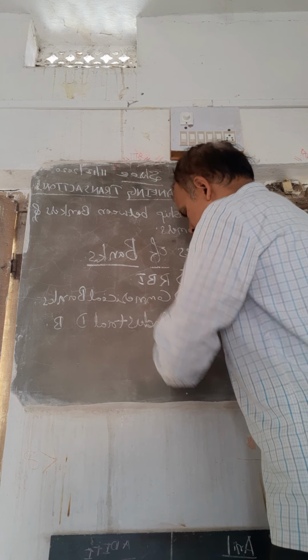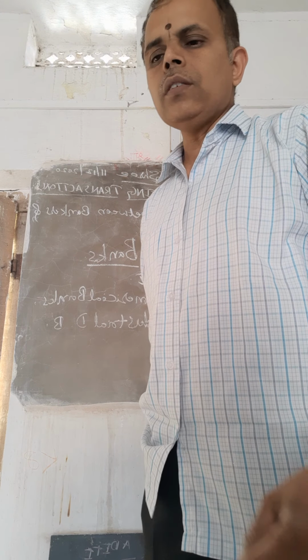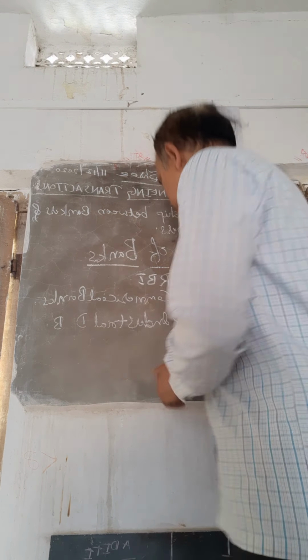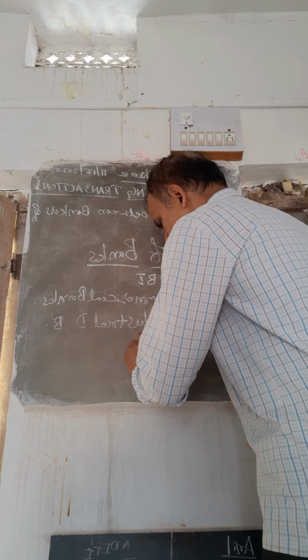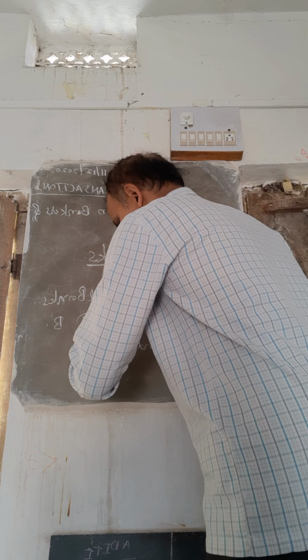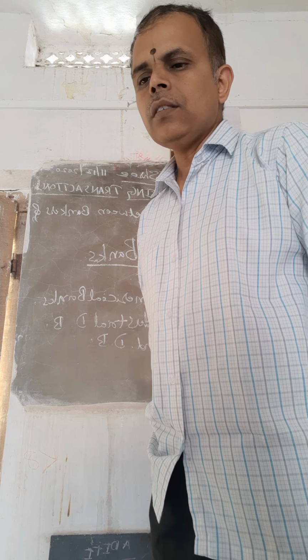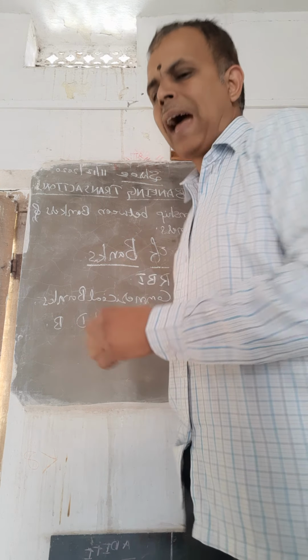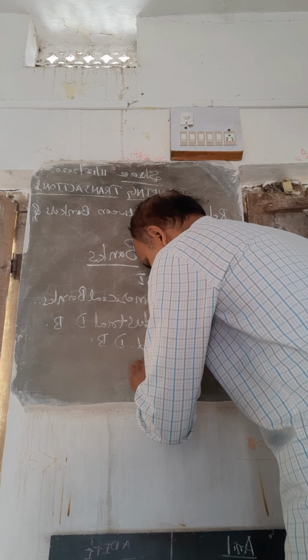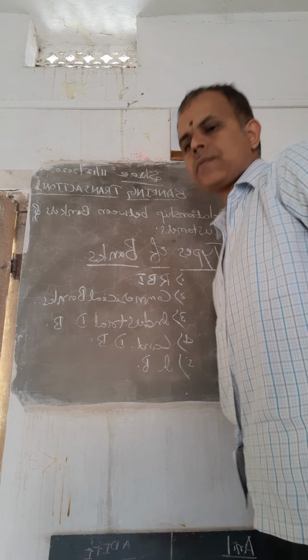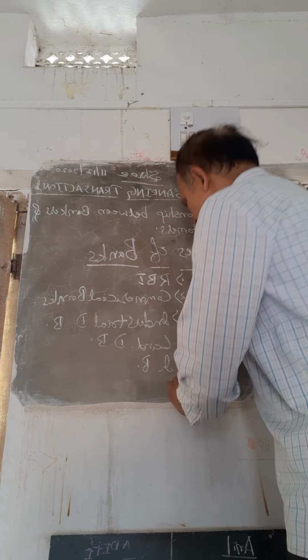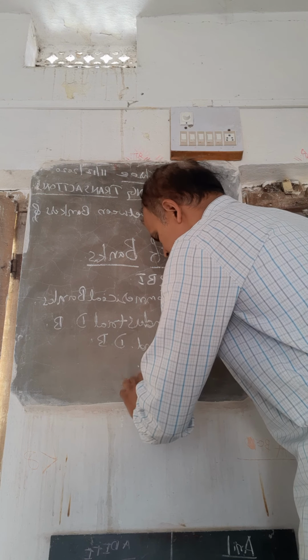The fourth one is land development banks. The fifth one is indigenous banks. And the next one is cooperative banks.